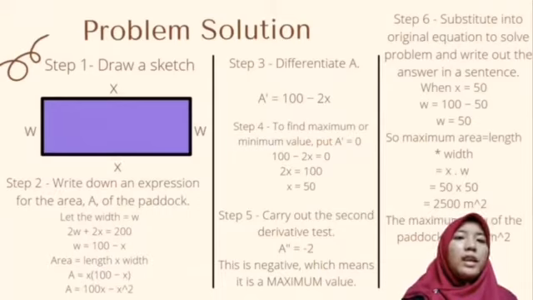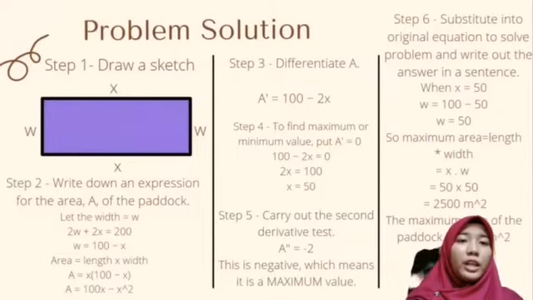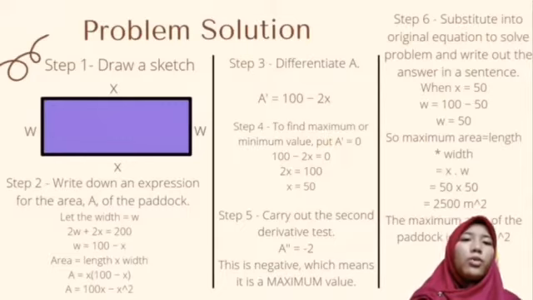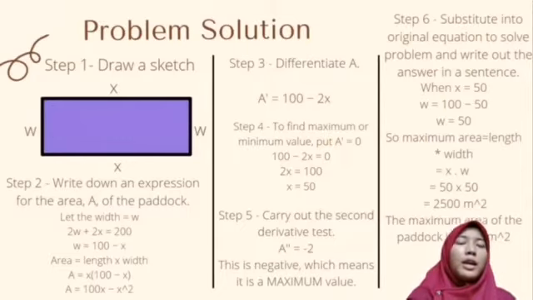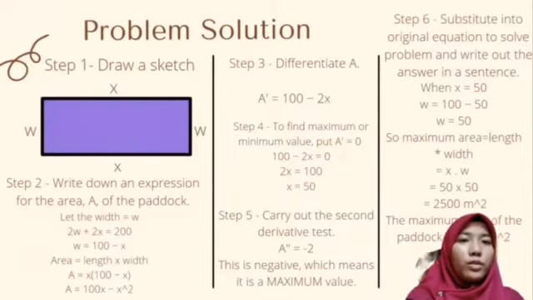First, we draw a sketch to make the solution easier. Second, write down an expression for the area of the paddock. Let the width equal W and the length equal X. Write the equation as 2W plus 2X equal to 200, and we simplify it into W equals 100 minus X. The formula for area equals length times width.